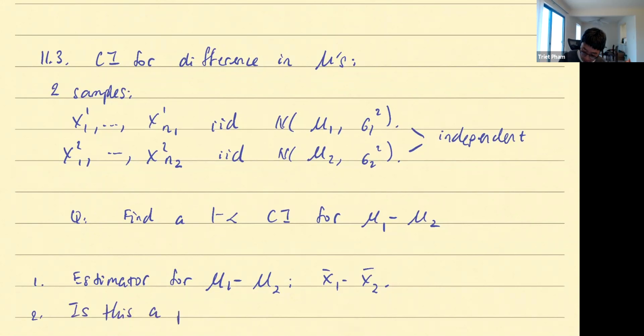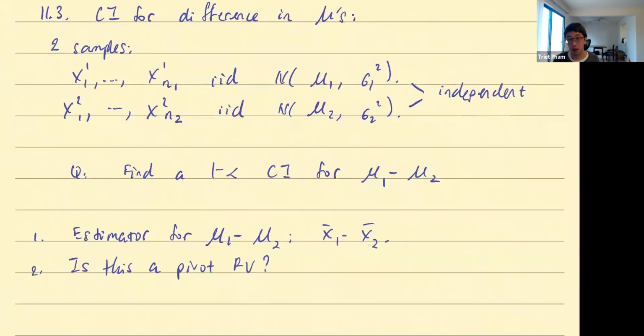Is this a pivot random variable? The answer is, not yet, because it involves mu1 minus mu2.